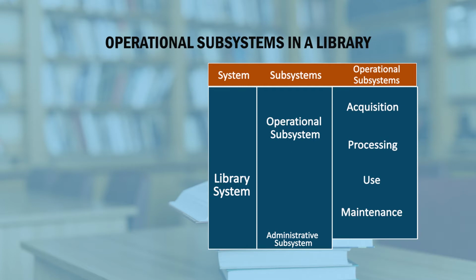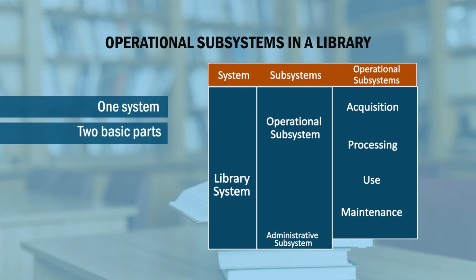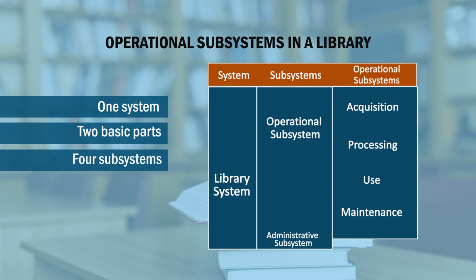In his system analysis process, P.A. Thomas showed a library has one system, and this system has two basic parts. You can see here library as a system, and we have the operational subsystem and the administrative subsystem. Now if you again take a look into the operational subsystem, it basically has four subsystems. Every operational subsystem of a library of any type or size has four basic subsystems.